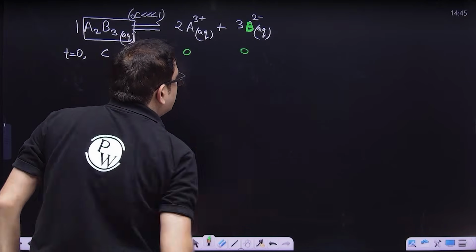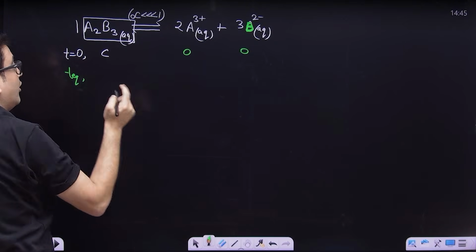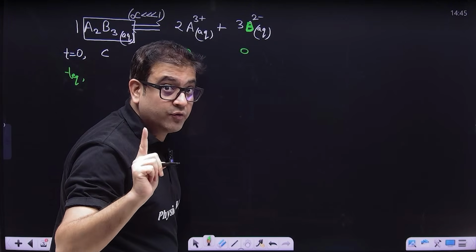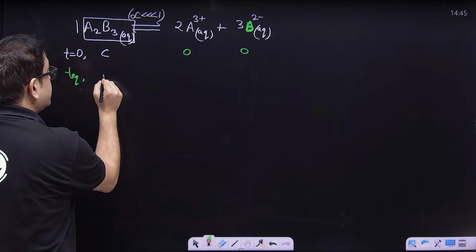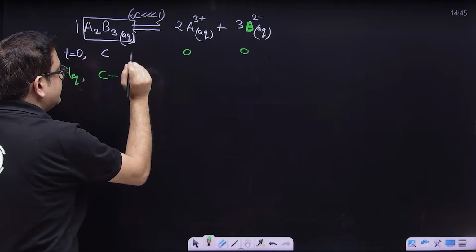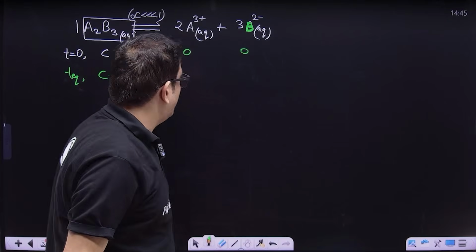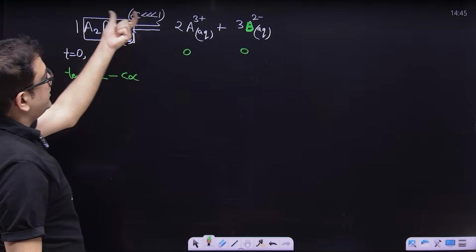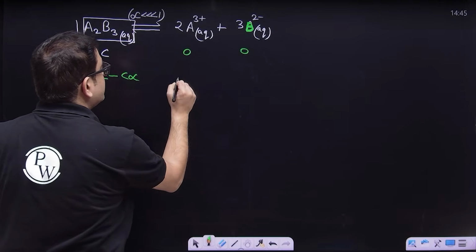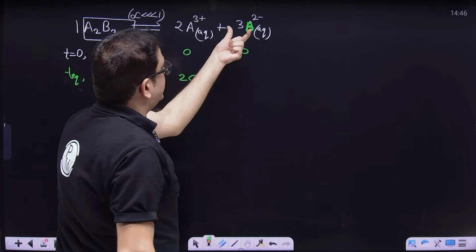Initially there is no concentration of the ions. Now at equilibrium, what we have learned, if it is given in terms of alpha, subtract that times alpha. So it is C minus C alpha. This is how you should put it. If 1 dissociated, 2 produced. So if C alpha dissociated, 2 C alpha produced. 1 dissociated, 3 produced.